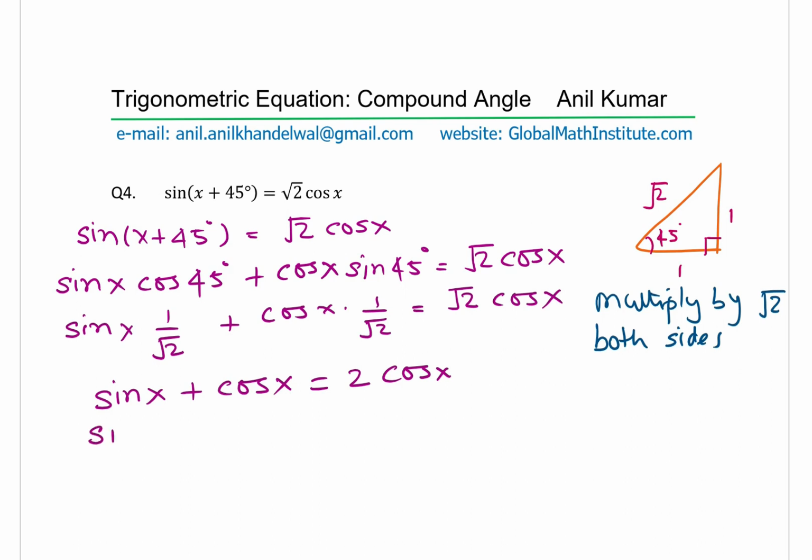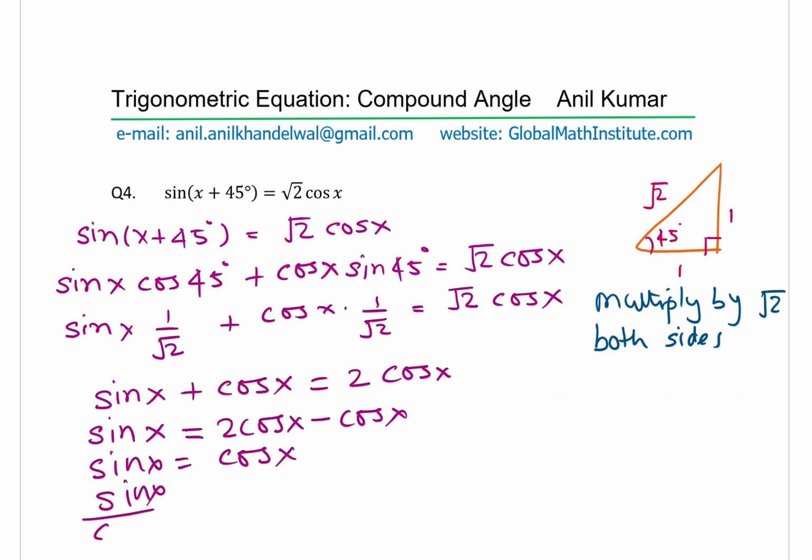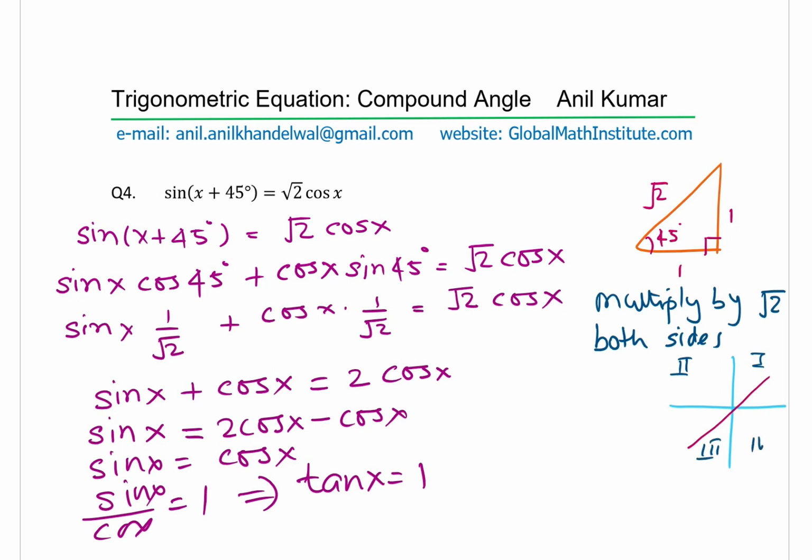We get sin x equals 2 cos x minus cos x, and that gives you sin x equals cos x. Now dividing, we get sin x over cos x equals 1, and that gives you tan x equals 1. So tan x equals 1 means that within the quadrant, we are now looking for two solutions. One of them will be in quadrant 1, the other one in quadrant 3. So we have these two solutions.